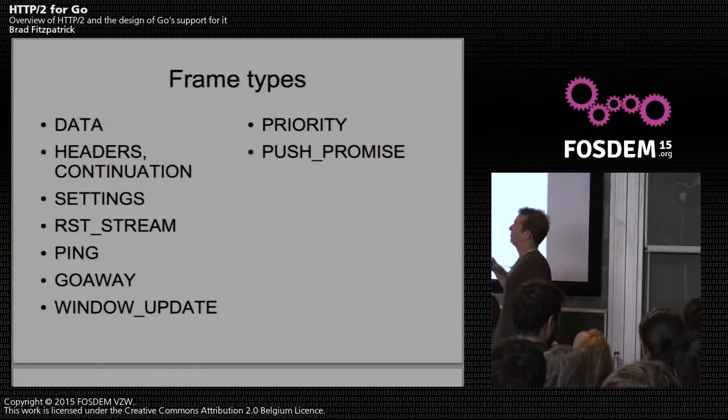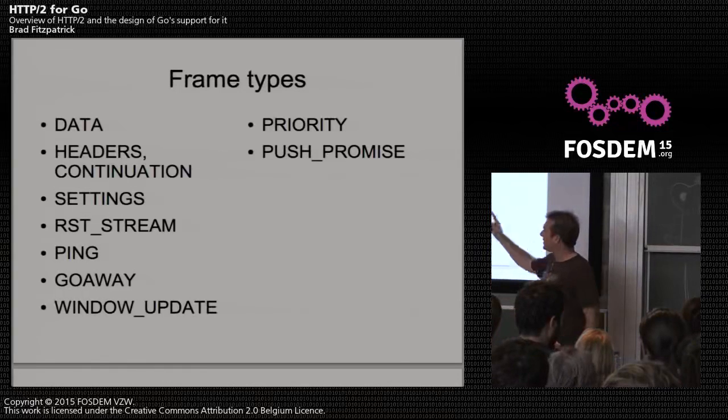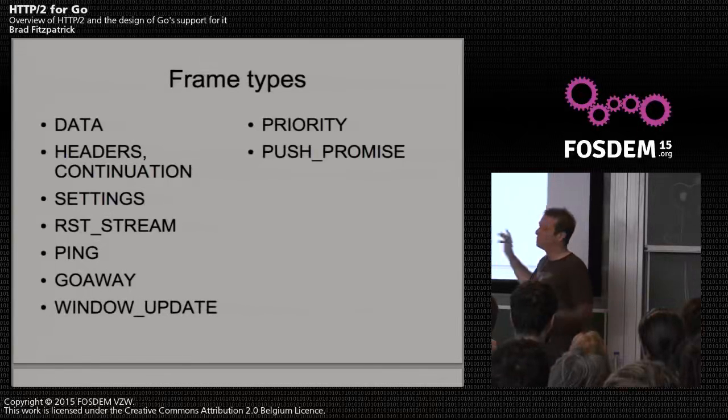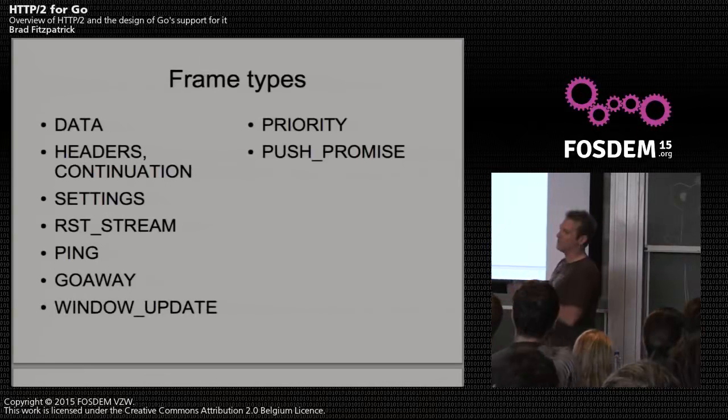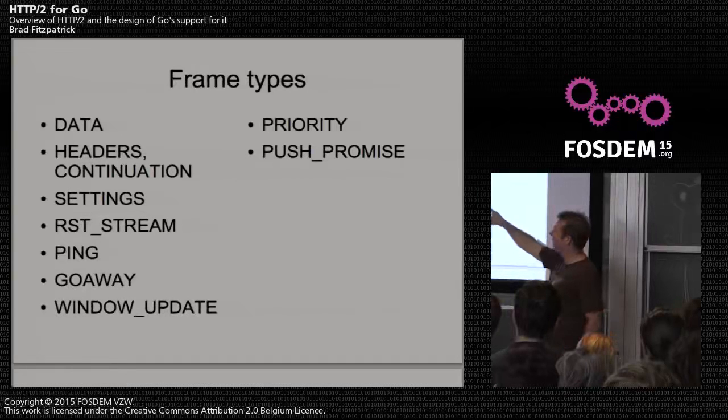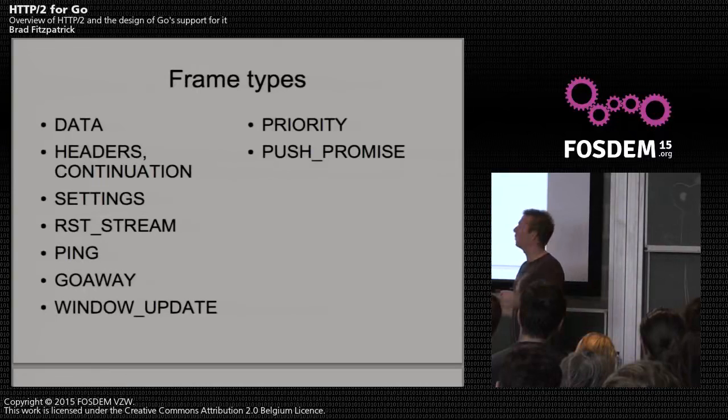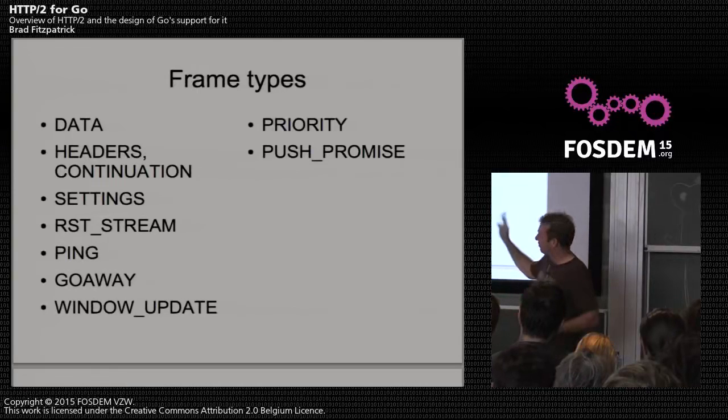Headers is a new stream, a new HTTP request. Continuation is kind of a hack in the spec that says, whoops, it didn't fit in a packet, I'm going to have to add another one on. These ones are kind of special in that all the other frames can be interleaved on the connection, but whenever there's a header that doesn't have the end headers bit set, you have to have a continuation directly adjacent to it on the wire. So of course, there are little special cases already.